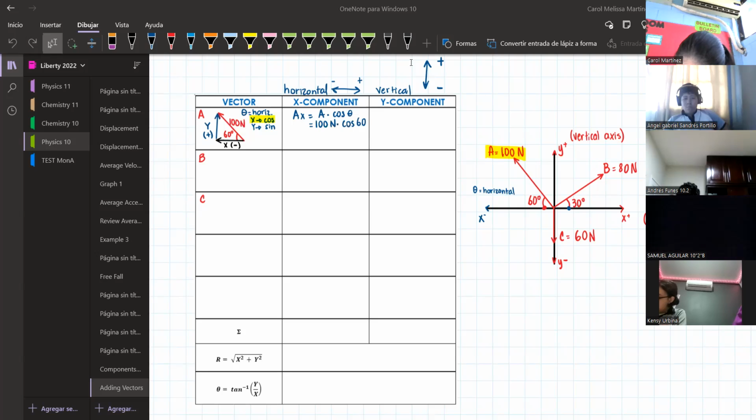And because we already said that this vector is going left and is negative, we know this answer is going to be negative because it goes to the left. How much is this? You can write it in the chat.